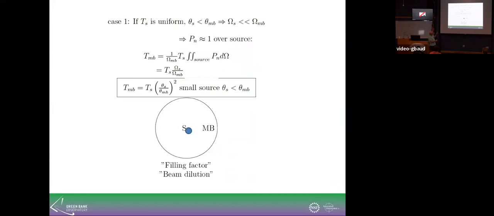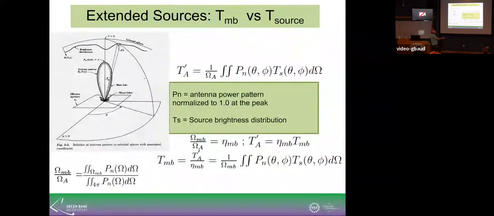So if your source temperature is uniform and it's really small, much smaller than the main beam, then the relative antenna power is 1 over the source. Going back here, the power pattern is normalized to 1. So if the source is tiny with respect to the beam, you're up at 1.